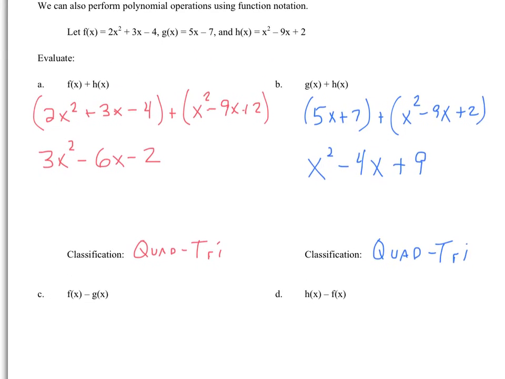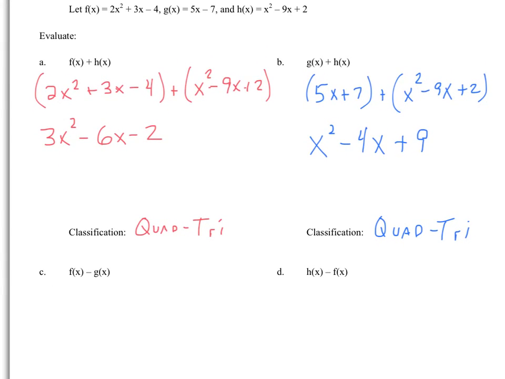F minus g would be 2x squared plus 3x minus 4. And I'm subtracting 5x minus 7. So just make sure you're distributing that negative. I guess that's as hard as it gets today, is just making sure you're distributing a negative.